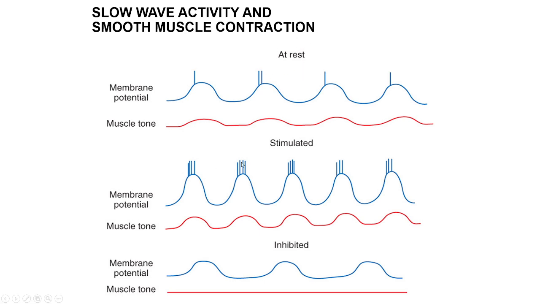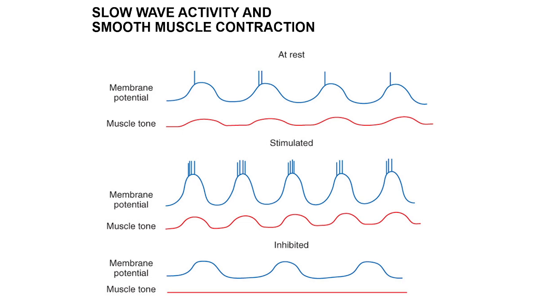And when these influences allow the slow depolarization phase to increase to the threshold, action potentials develop. This is when muscle can contract.